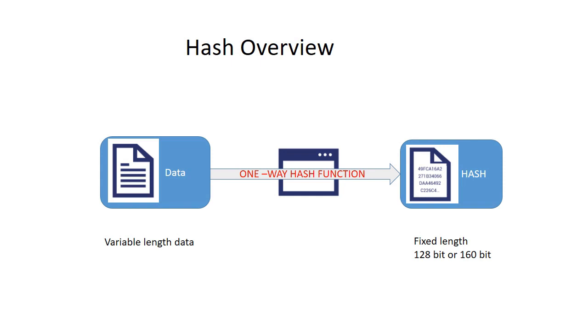Another important characteristic of any hash function is that each time you slightly change the input data, even a single character or a single dot inside the file, the hash will change completely.